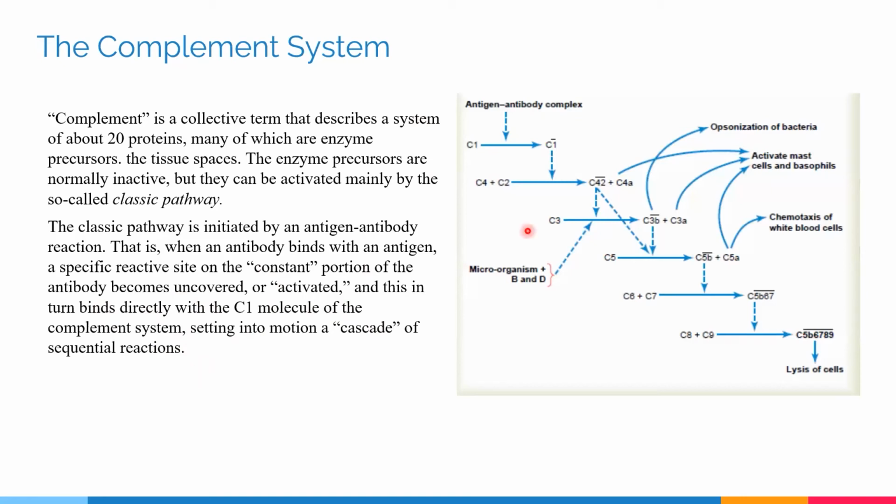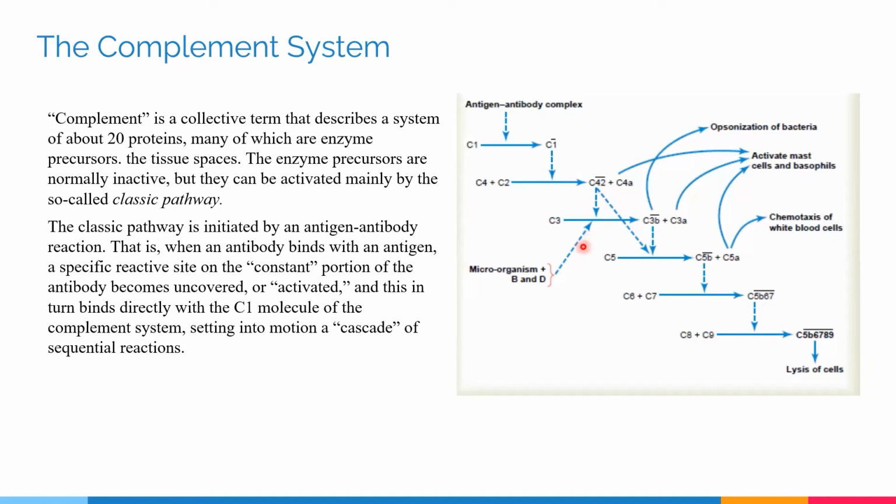The antigen antibody complex acts on the first complement, C1, activating it. C1 catalyzes the reaction between C4 and C2, forming the complex C42 and releasing another particle, which is C4a.